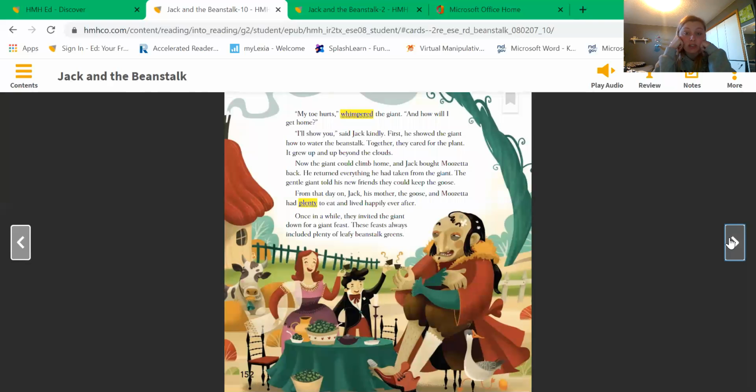The gentle giant told his new friends they could keep the goose. From that day on, Jack, his mother, the goose, and Musetta had plenty to eat and lived happily ever after. Once in a while, they invited the giant down for a giant feast. These feasts always included plenty of leafy beanstalk greens.